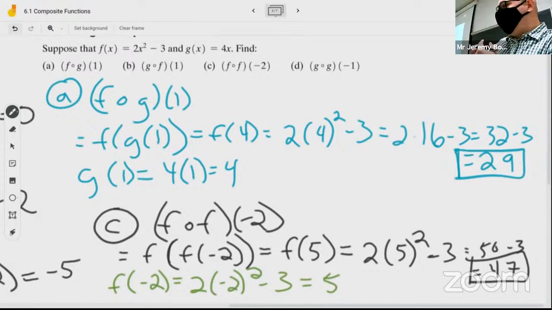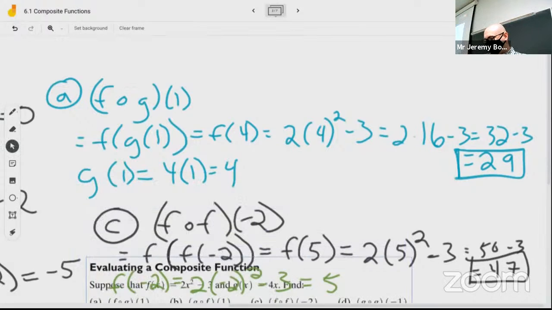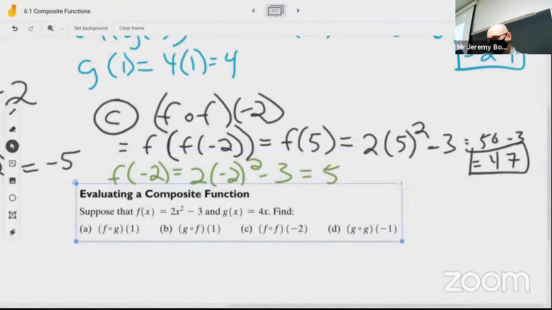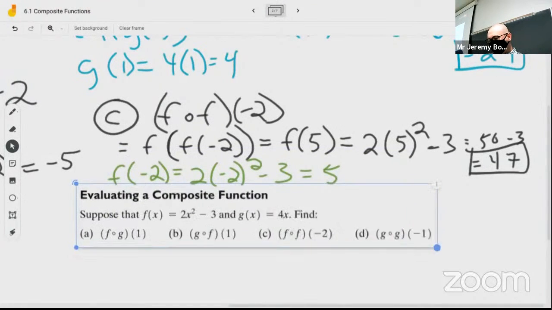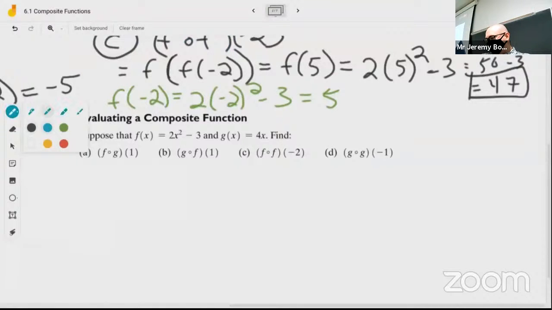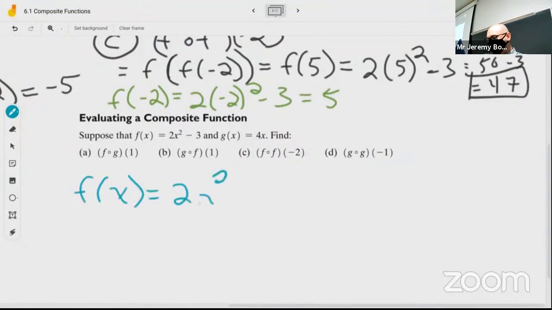All right. So if we take these functions here, I'm going to rewrite them, just bringing this down so I can look at it. We say f of x is equal to 2x squared minus 3, and g of x is equal to 4x.